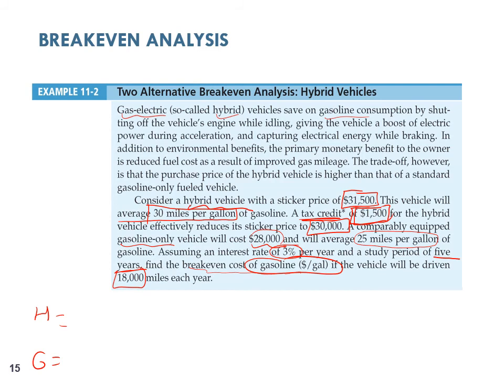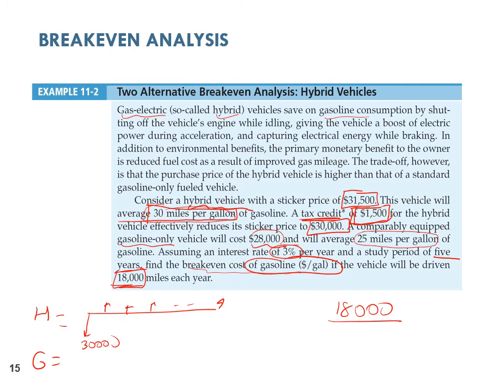Okay, actually it's not difficult, it's easy. For this hybrid vehicle, again, you have initially $30,000, and each year you need to pay the gasoline price. So what will be the total gasoline amount? This 18,000 miles, I'm going to drive it in 1 year. And this vehicle can travel 30 miles per gallon.